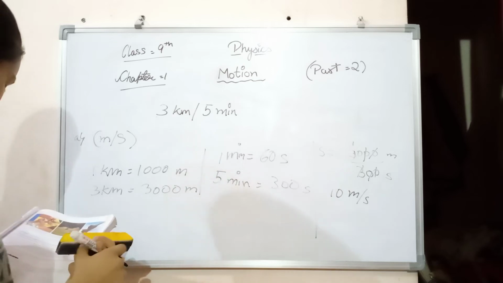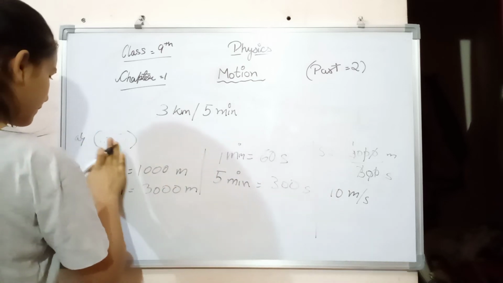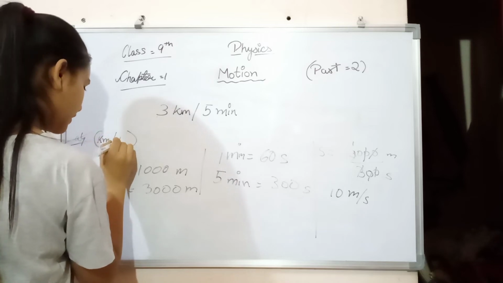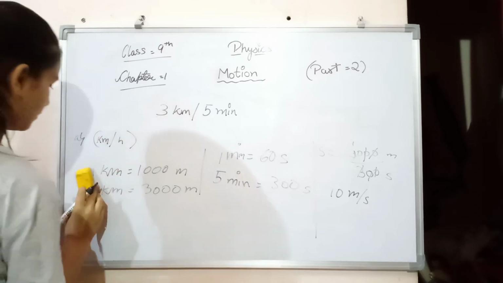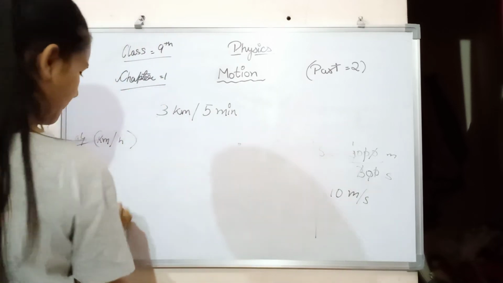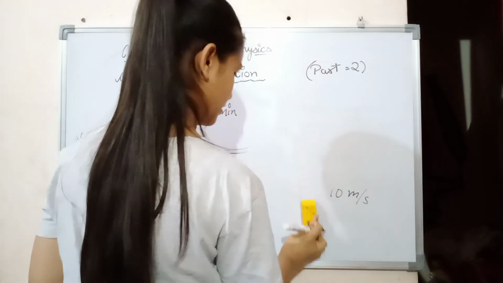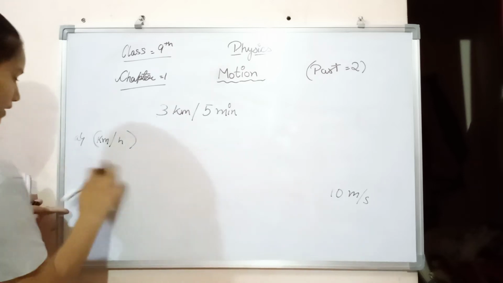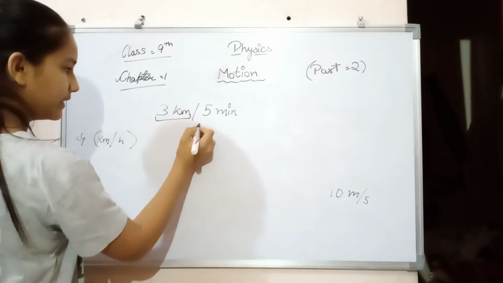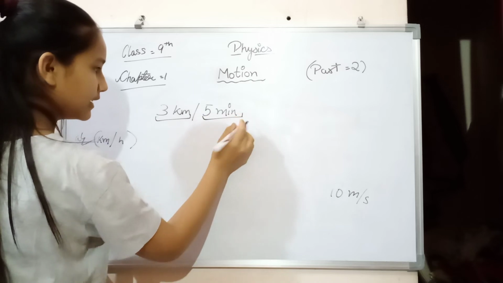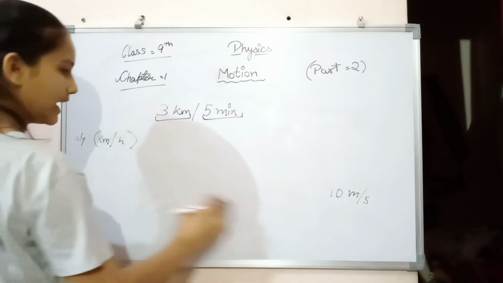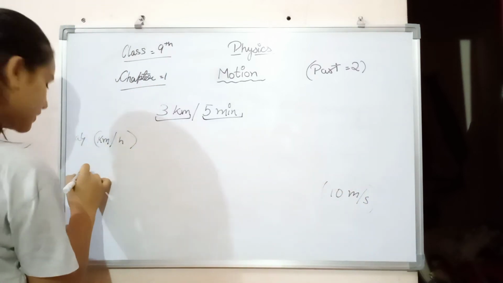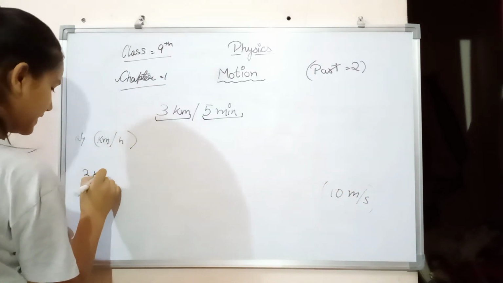Now here comes the third part, kilometers per hour. So kilometer is already written, so we have to convert this into hours. 3 kilometers is as it is.